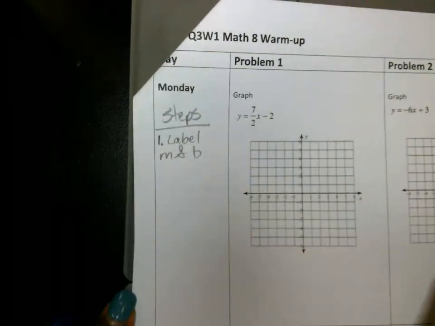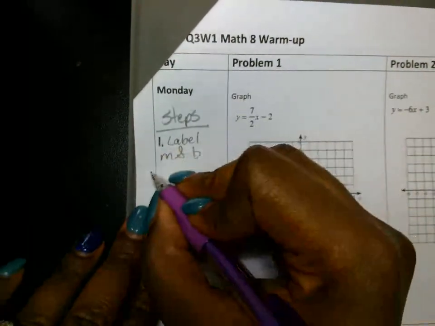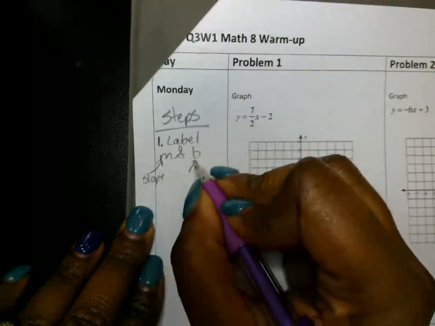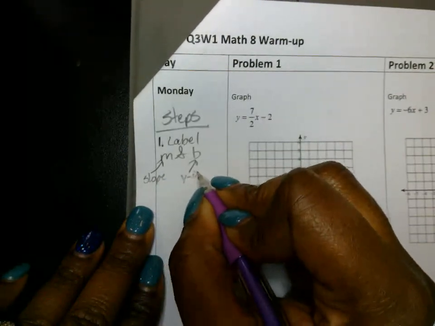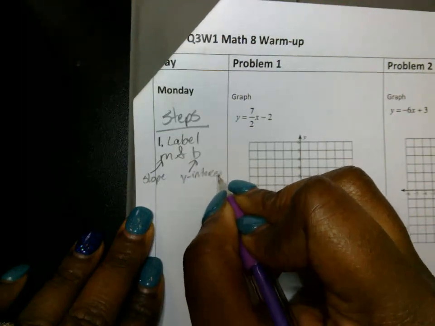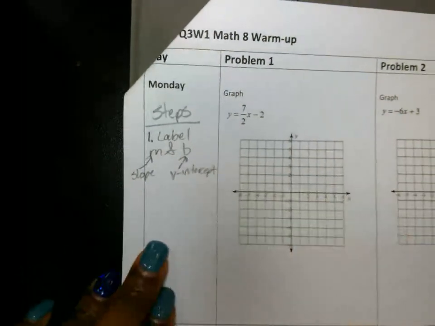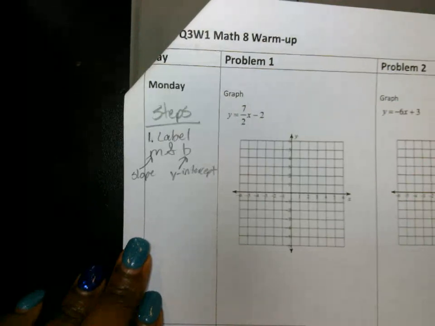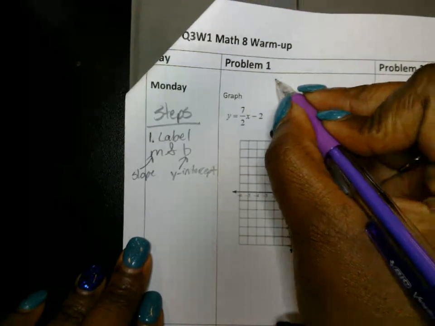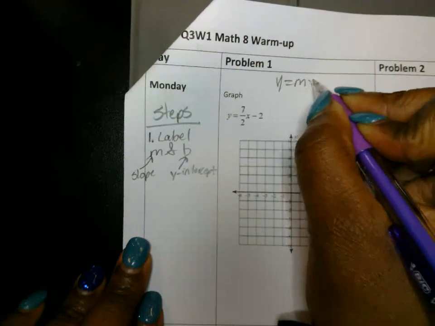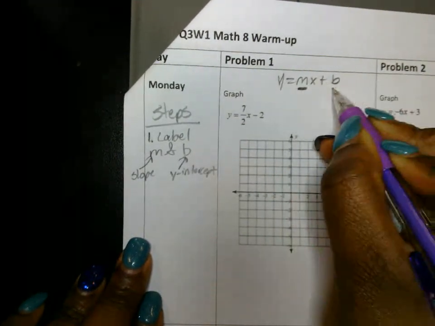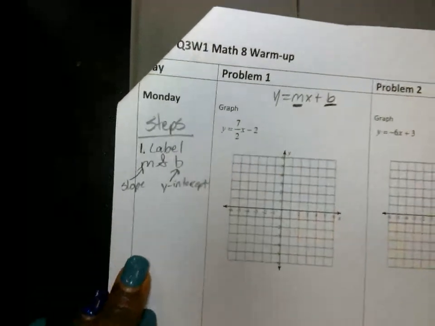Your M is your slope. Your B is your y-intercept. Remember, slope, y-intercept. Provided that the equation is written in slope-intercept form, y equals mx plus b. The m is the number that's attached to the x. The b has no variable attached to it.